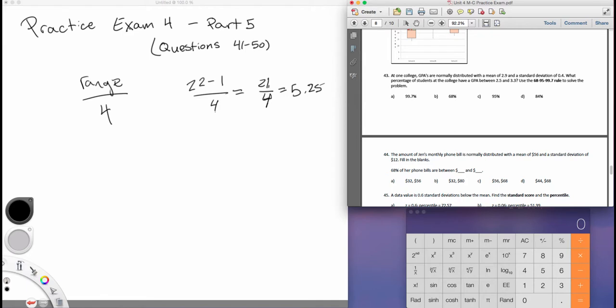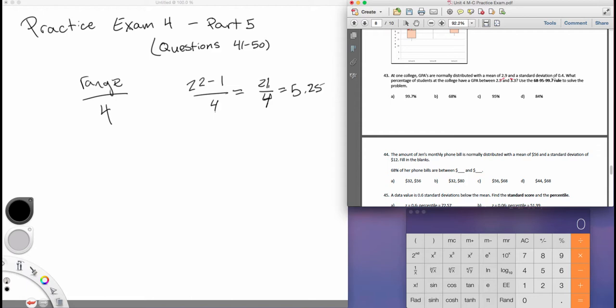Question 43. At one college, GPAs are normally distributed with a mean of 2.9 and a standard deviation of 0.4. What percentage of students in the college have a GPA between 2.5 and 3.3? Well, you'll notice that that's one standard deviation below the mean and one standard deviation above the mean.